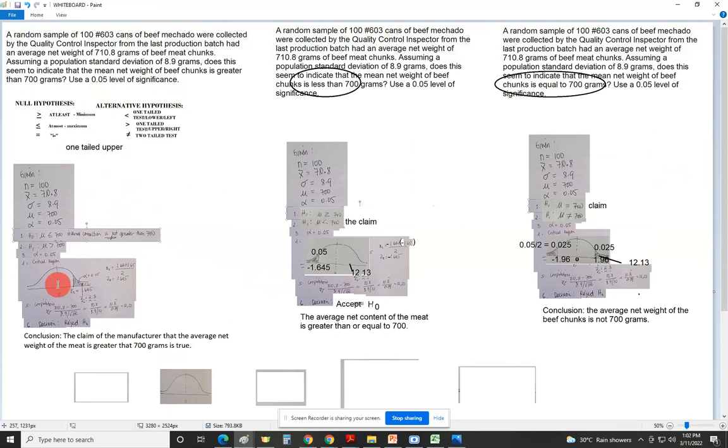Okay, one tail. Kapag right side, upper. This one is called one tail test pa rin siya, okay, but lower. Pag lower, nasa left side yung shaded portion. And the last one is two tail test. Ganyan lang siya class. Walang upper lower, no? Two tail test.